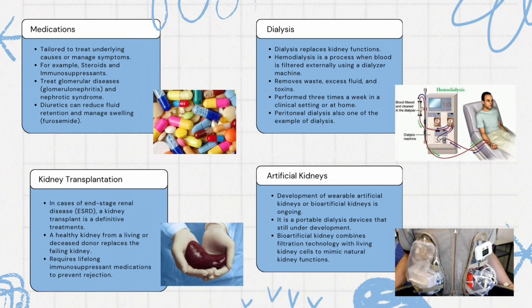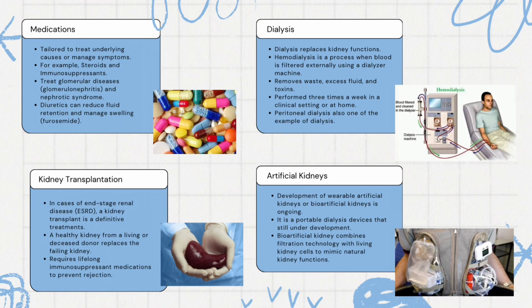Medications are tailored to treat underlying causes or manage symptoms. For example, steroids or immunosuppressants are medications that treat glomerular diseases such as glomerulonephritis and nephrotic syndrome. Diuretics such as furosemide can reduce fluid retention and manage swelling.